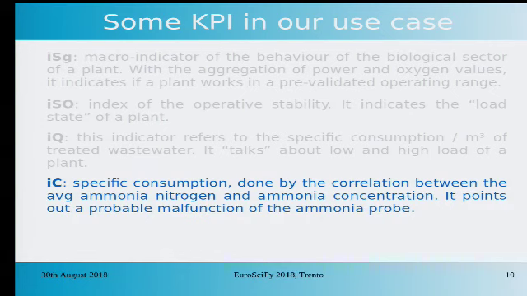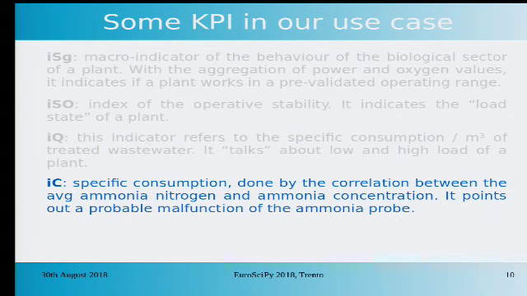So it's really important for our business, because when we have a problem with the ammonia probe and when it's broken, we maybe have to wait many days before replacing it, and so the plant could not work properly. And so to have an indicator that gives us information about the state of the ammonia probe is really important.